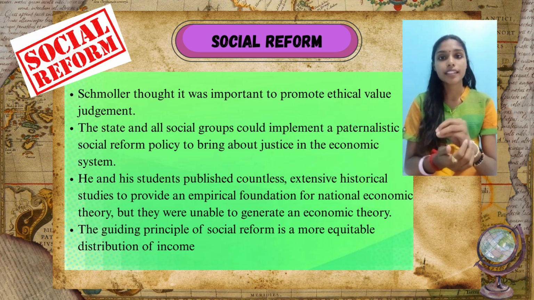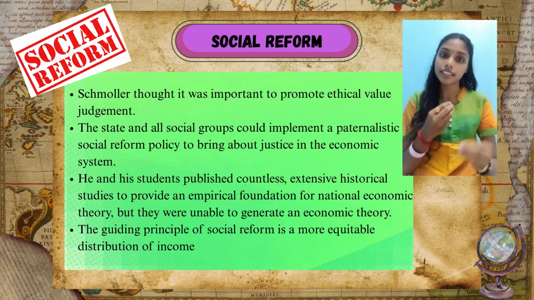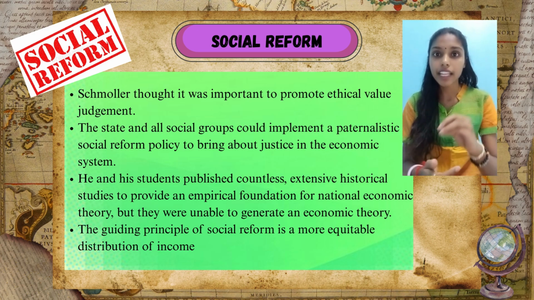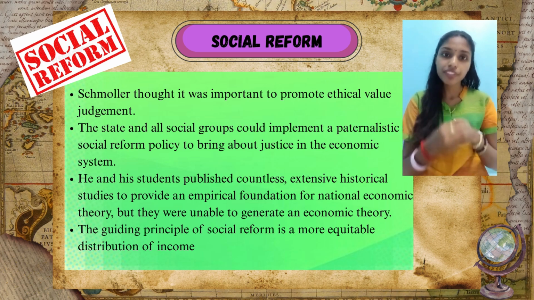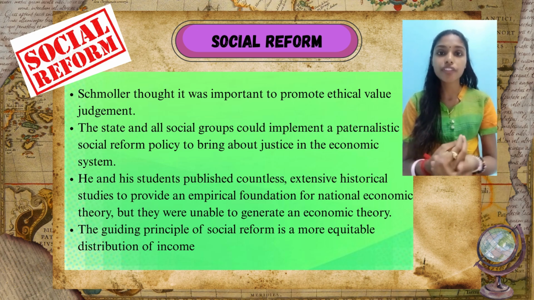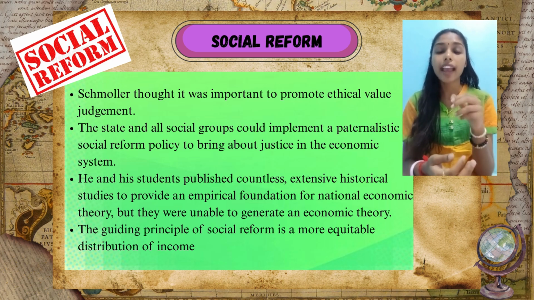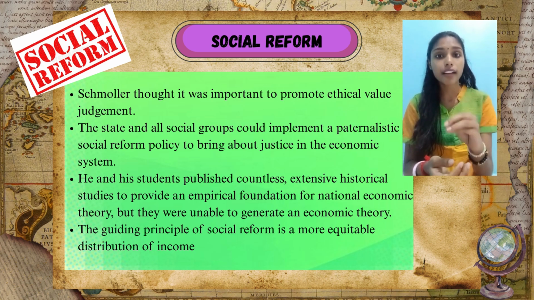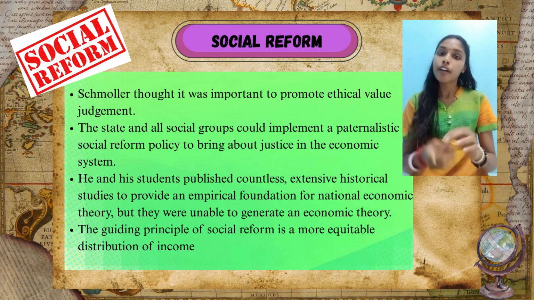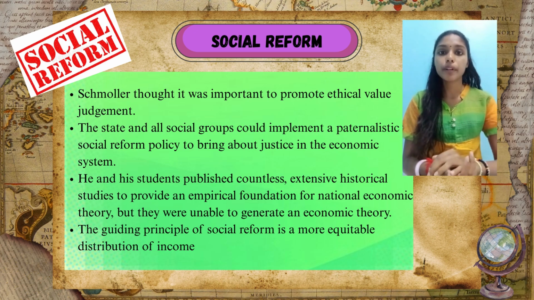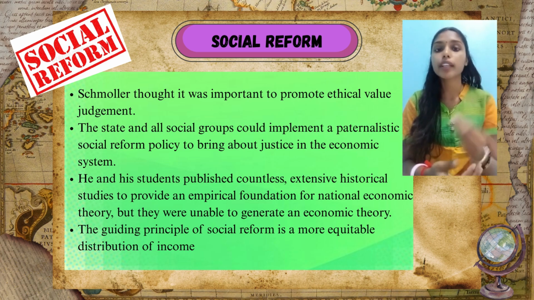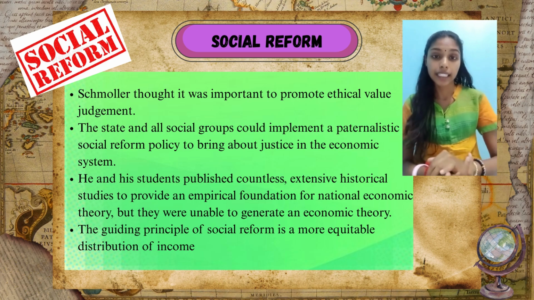After that, he and his students published countless intensive historical studies to provide an empirical foundation for national economic theory, but they were unable to generate an economic theory. Finally, the guiding principle of the social reform is a much more equitable distribution of income.